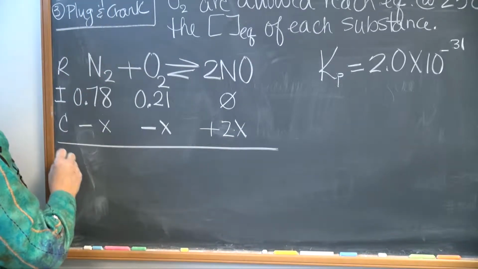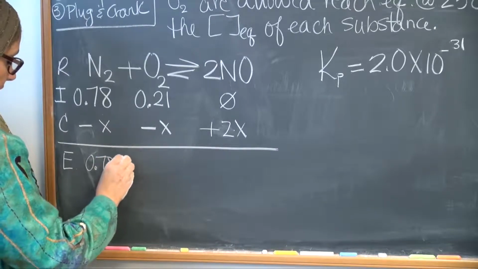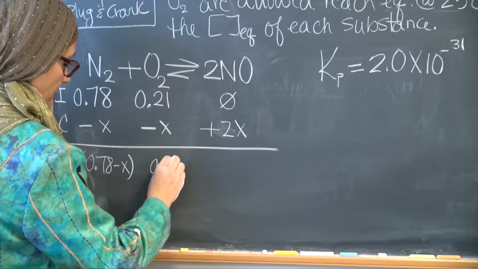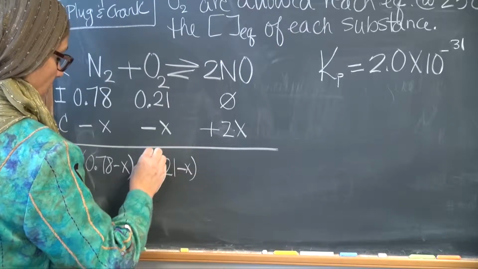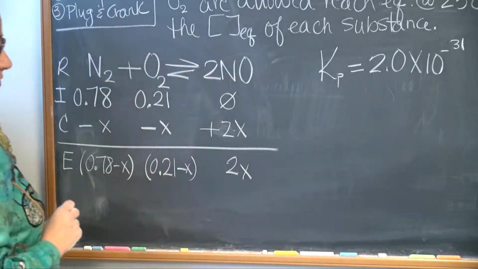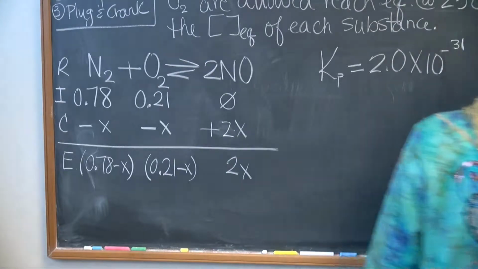At equilibrium then, our equilibrium values would be 0.78 minus x for nitrogen, 0.21 minus x for oxygen, and 2x for nitrogen monoxide. Okay, so that's our RICE table.